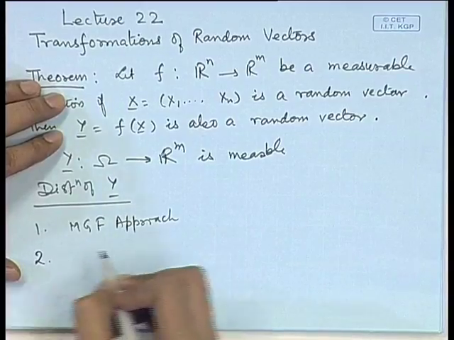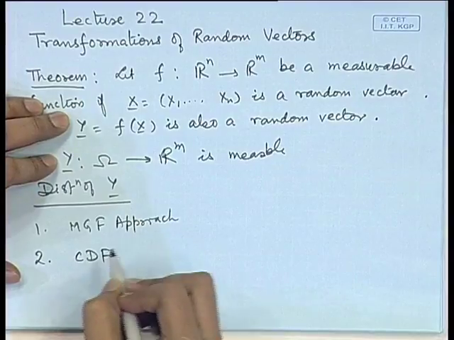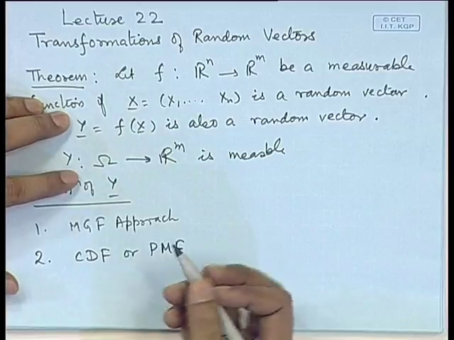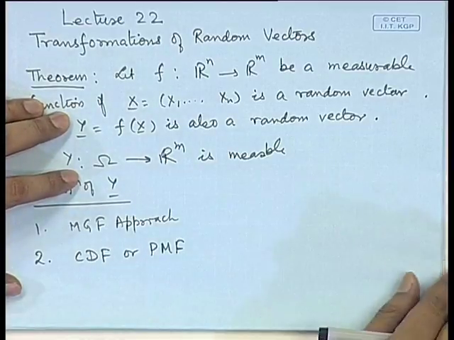In the case of discrete distributions or in certain other cases where the CDF can be directly used, then we can use directly the CDF or the probability mass function. Let me give an example of this.